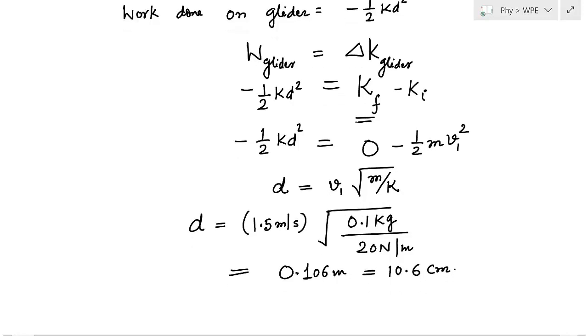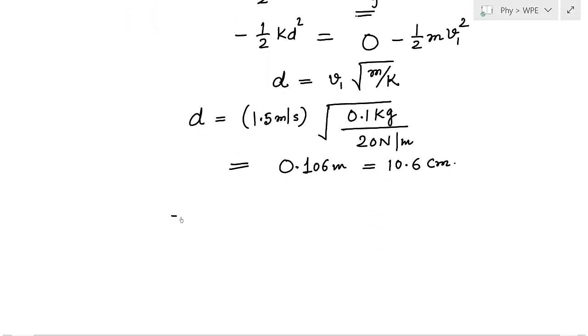So basically the glider will move a distance of 10.6 centimeter. This is the first position of the glider and this is the final position of the glider.